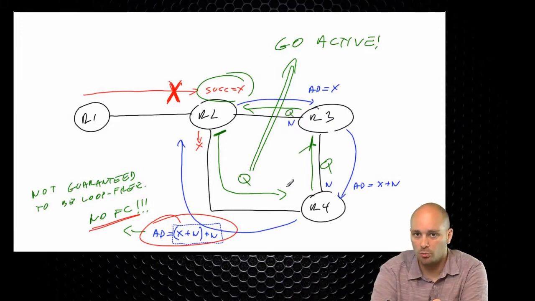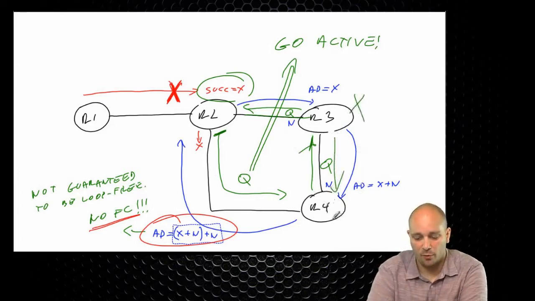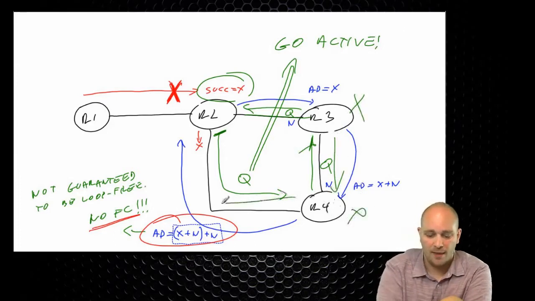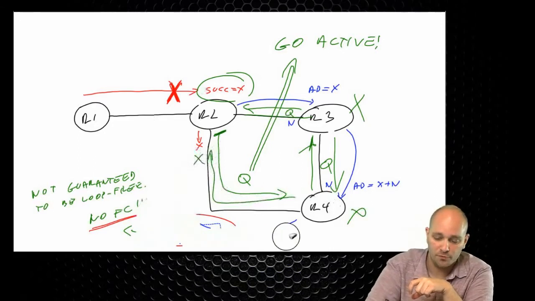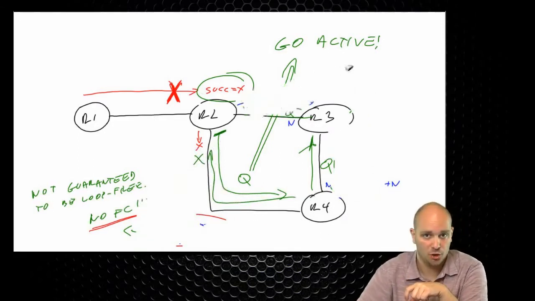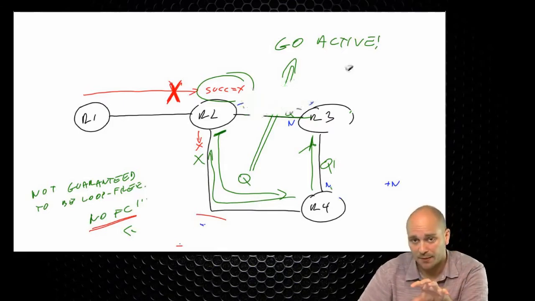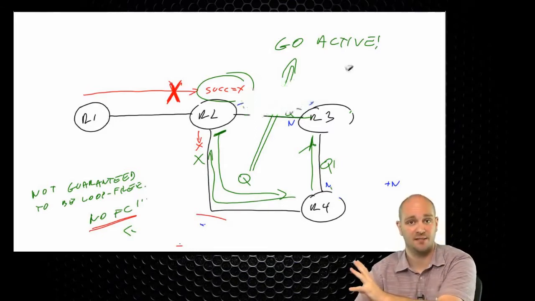Well, no, I don't have this route. So R3 says, hey, I don't have the route, removes it from the routing table, and sends it to R4, informing it, hey, this route is no good. And this information goes back to R2, hey, this route is no good. So we now prevent the looped route from going into the routing table back on R2. This is what needs to happen when the successor disappears and we don't have a feasibility condition.